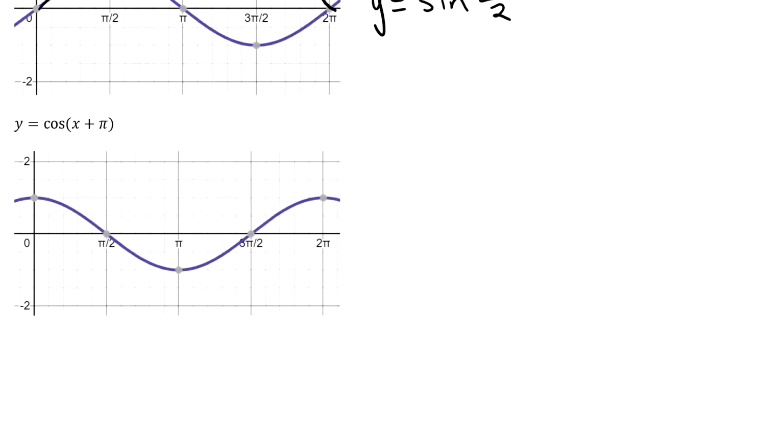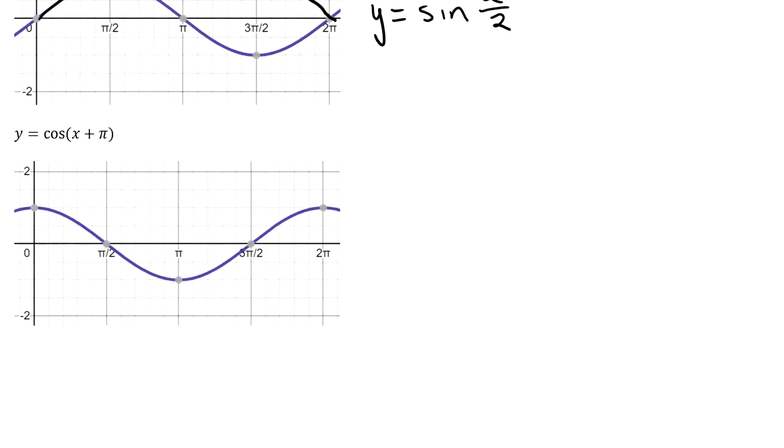Next, we have cos x plus pi. Now this is our phase shift, and it is a horizontal translation. Because it is plus pi, we know the whole wave is moving to the left by pi. So essentially, this point is now here, and this point is now here.